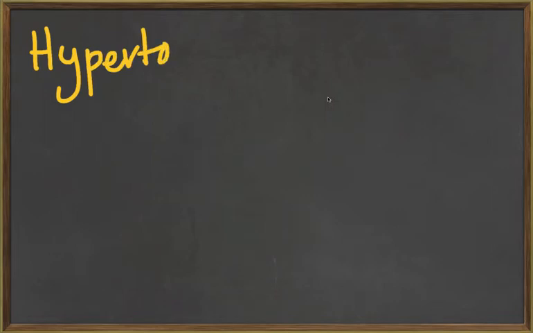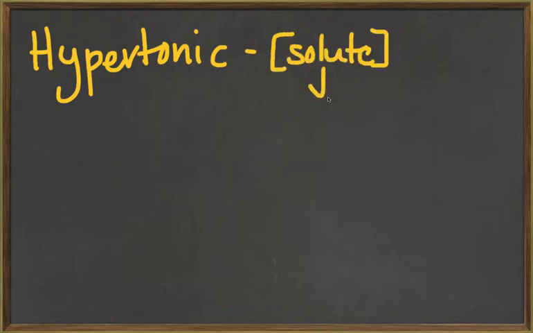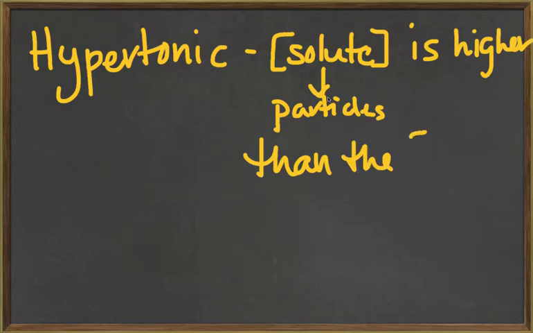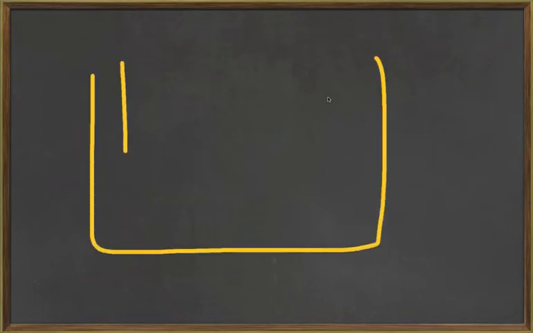Your other option is a hypertonic solution. If I am hypertonic, it means the concentration of my solute, and these are my particles, my salt, my sugar, whatever is in there, is higher than the concentration of my water. It is hyper. I have more. On a U-tube, it would look something like this.